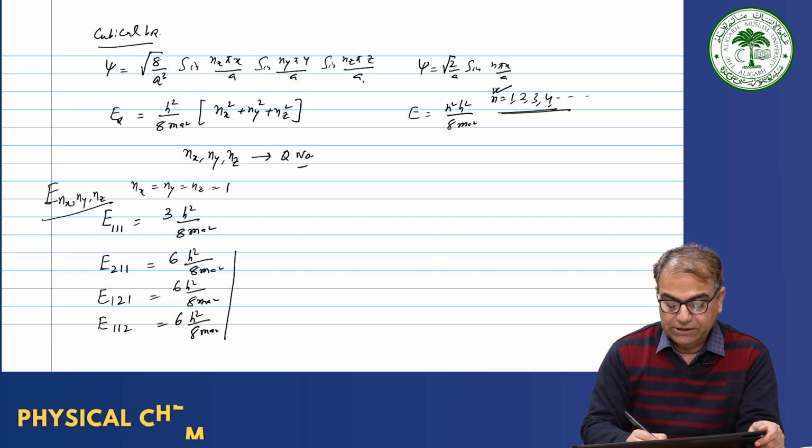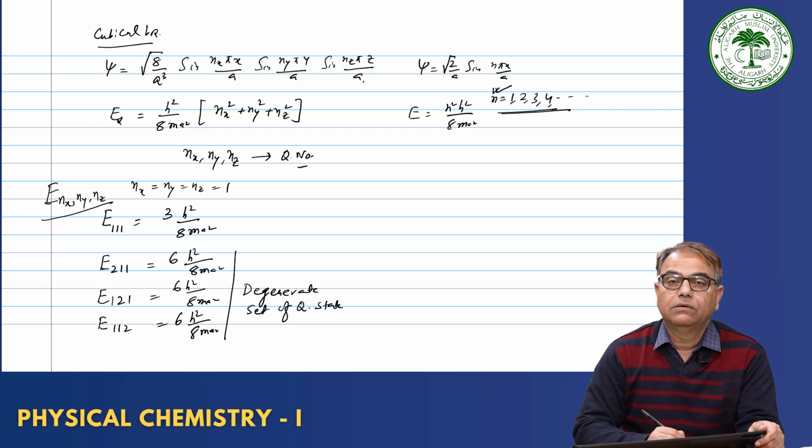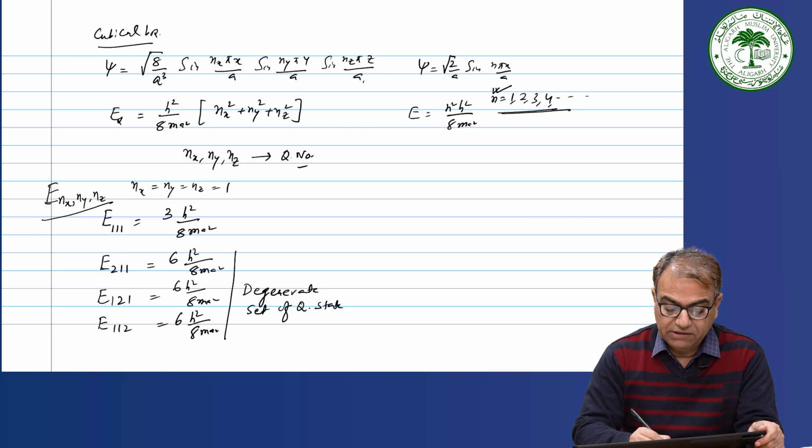You see, all these are a degenerate set of quantum states, because all have the same energy, but the wave function will be different. For this, if I write the wave function, what should I write?